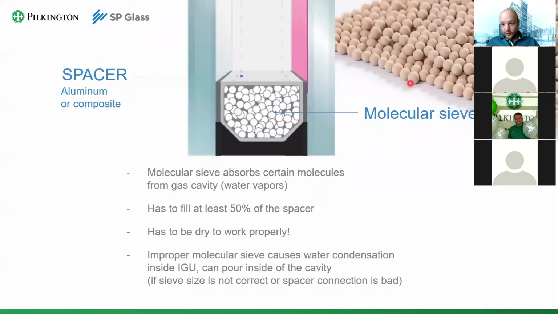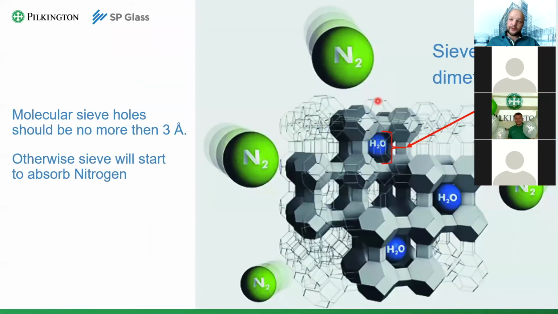So basically all of the surface of this sieve is covered with tiny holes through which water molecules can get through. A very important part is that these holes, and it is clearly stated in the molecular sieve marking, should be no more than 3 angstrom.